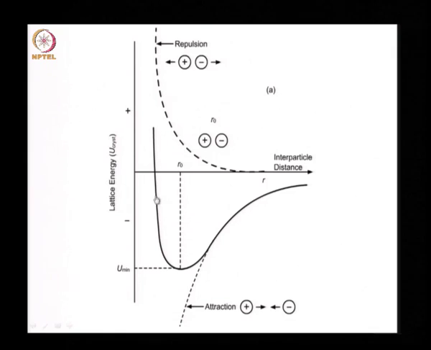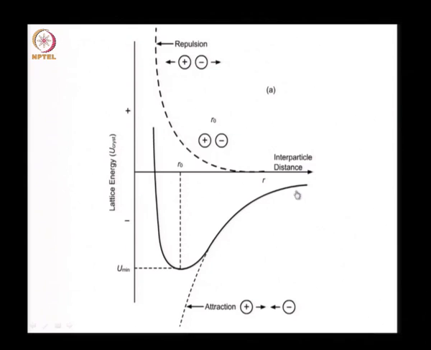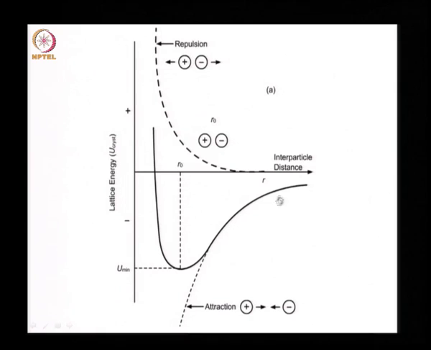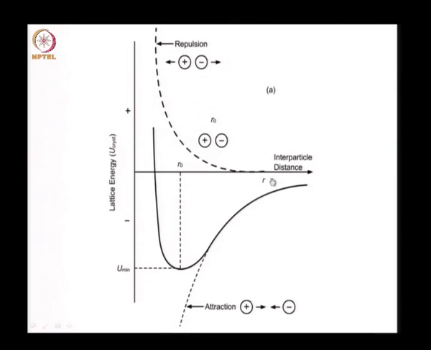What we see here in the dark line is the resultant between the attractive part and the repulsive part, and this dark line gives the potential energy with respect to the interatomic distance, or in a crystal the lattice energy and the interparticle distance, the interparticle distance being r.